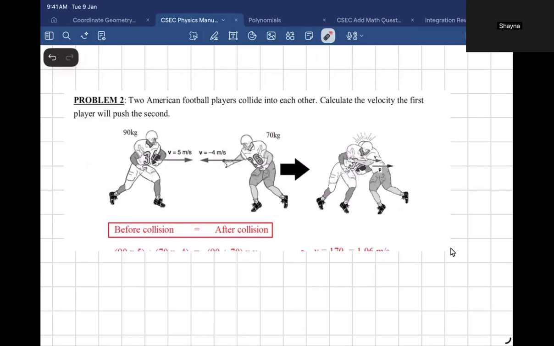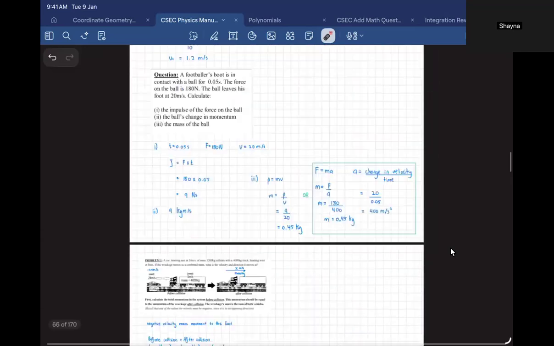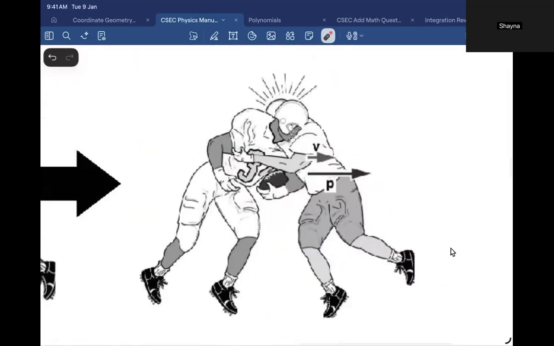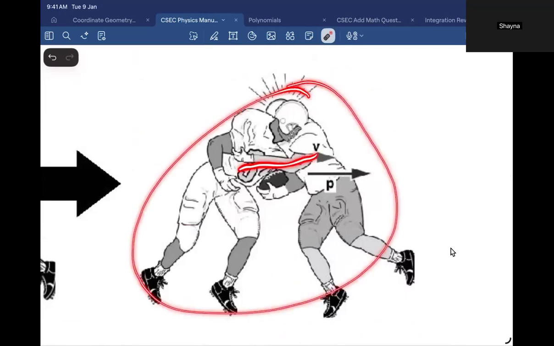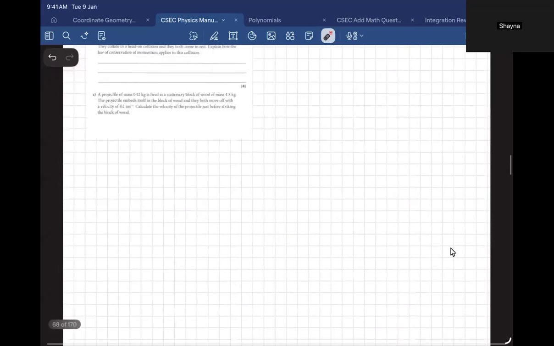Look at them: this one is pushing on this one, and this one is right against this one. It's like they're one combined mass.